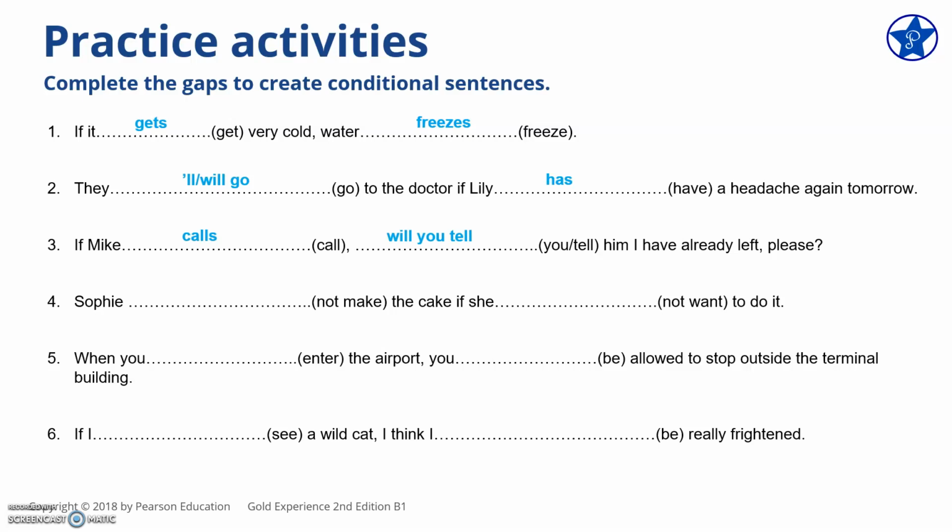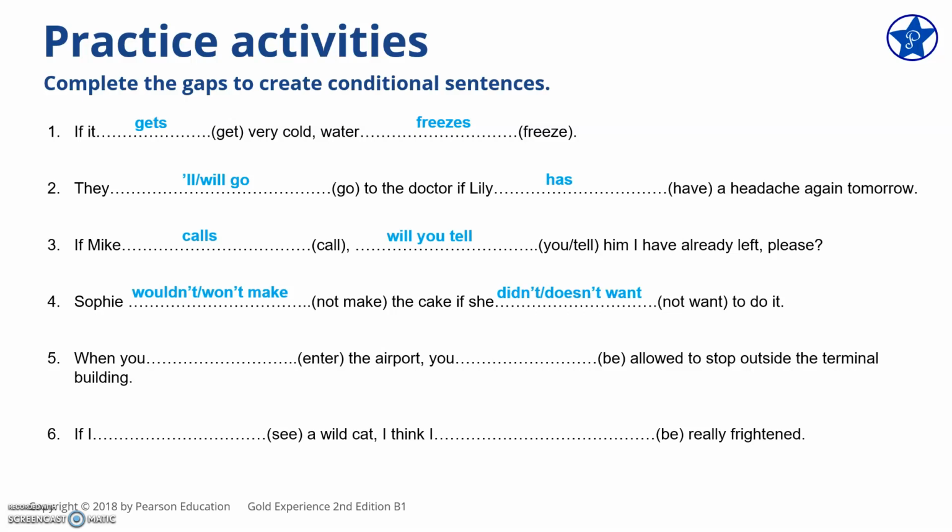So, Sophie wouldn't make the cake if she didn't want to. No haría la tarta si no quisiera. Or Sophie won't make the cake if she doesn't want to. No hará la tarta si no lo quiere. So, well, in this case, there are two options.